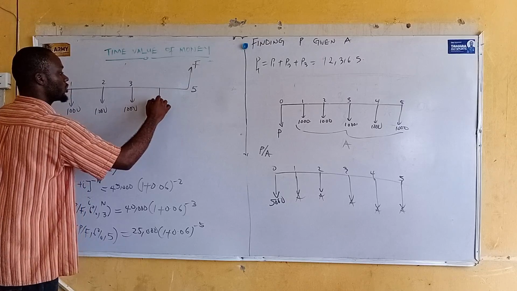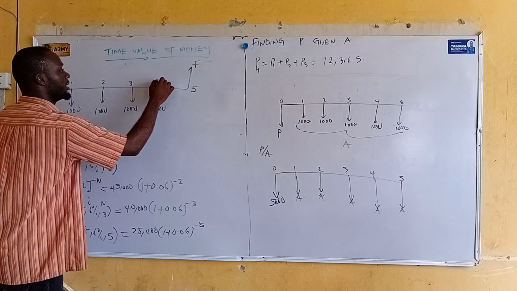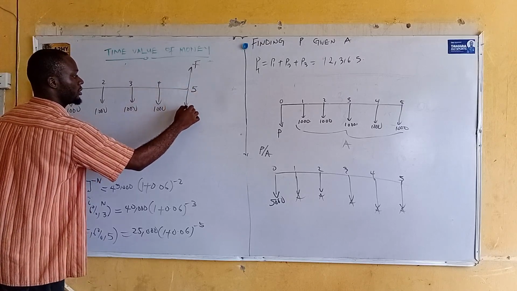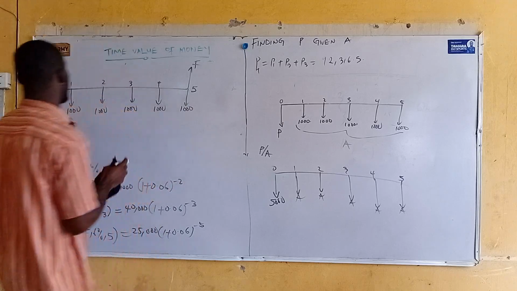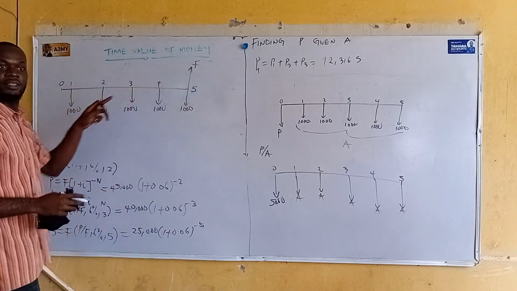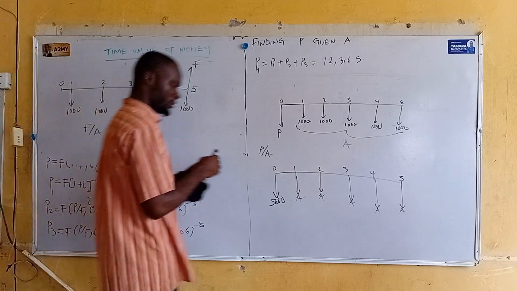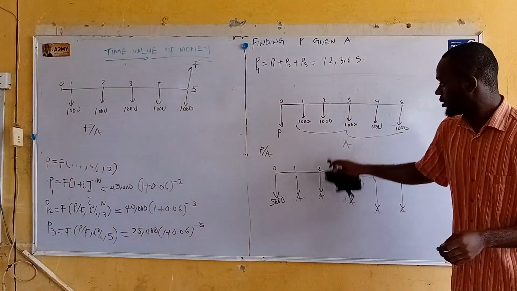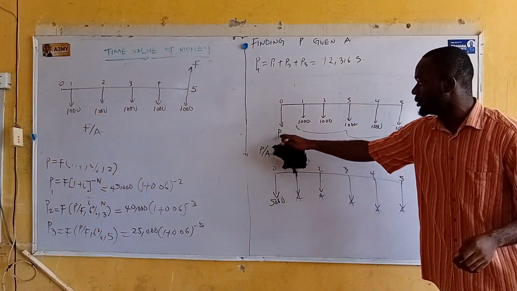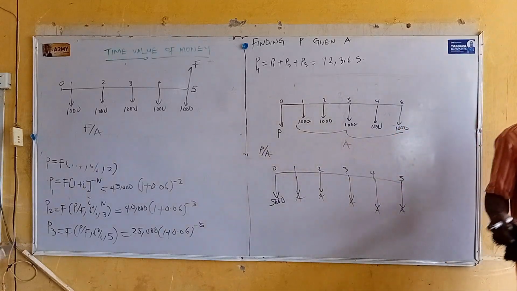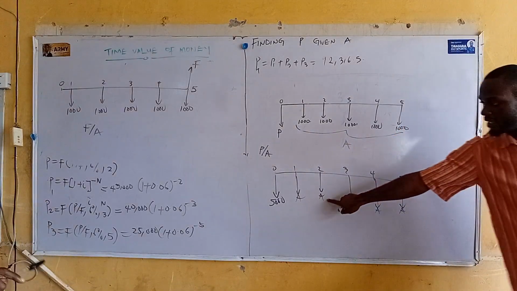What will be the sum in 5 years' time? So this one is find F given A. This one is find P given A. And this one is find A given P.